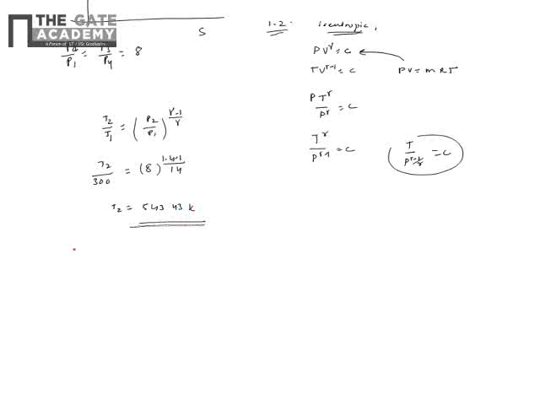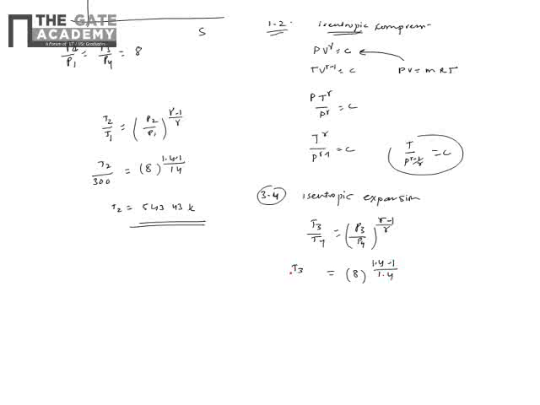Now let's apply the same thing for 3 to 4, which is also isentropic expansion. So T3 by T4 is (P3 by P4) to the power (gamma-1)/gamma. P3 by P4 is 8, and gamma is 1.4.